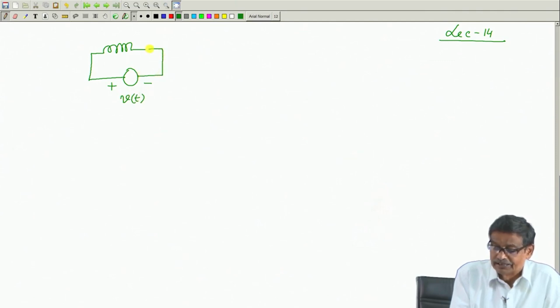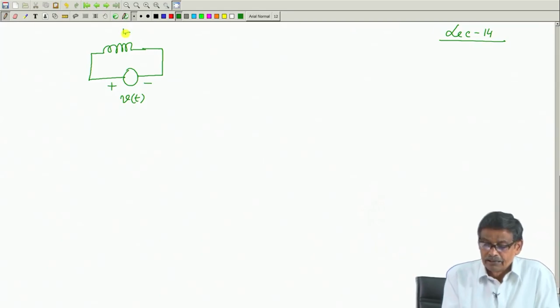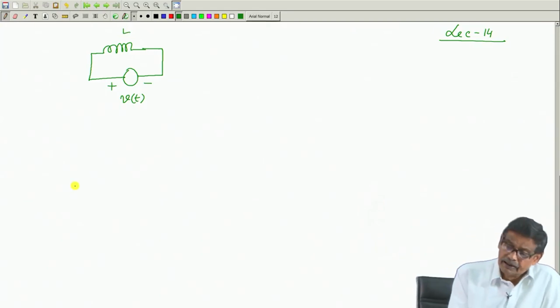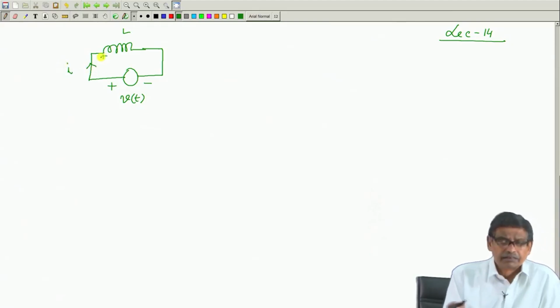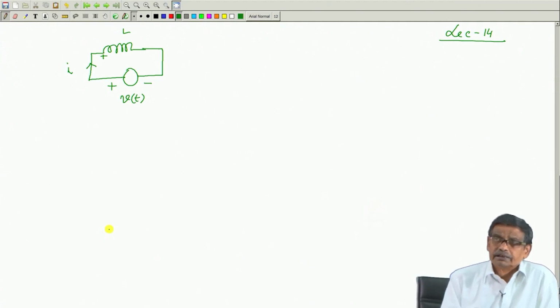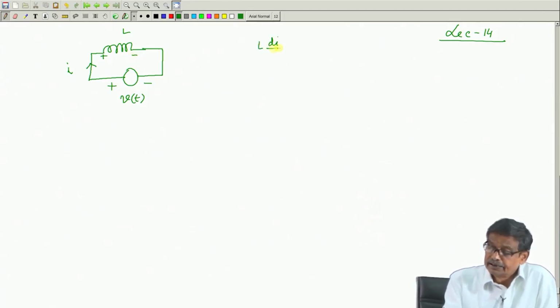This V t could be anything, but with this polarity, and I will assume the current like this, I, and I is expected to be time varying because it will be a differential equation. L d I dt is equal to the supply voltage V t.